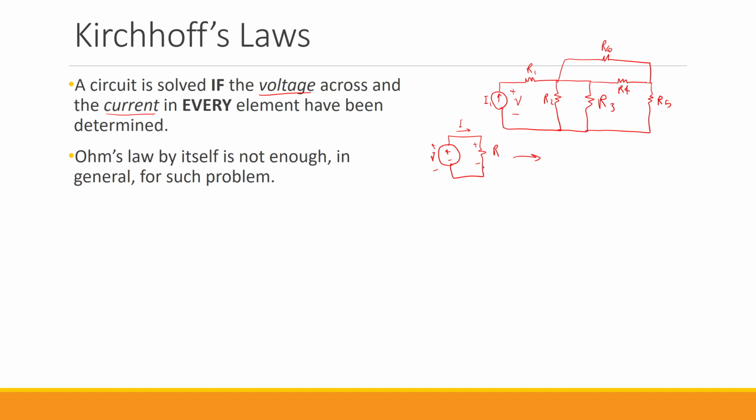It is a very basic circuit: we only have one source and one resistor. But when you have more and more complex circuits, Ohm's law is not going to be enough. You still use Ohm's law, but by itself it is not enough.